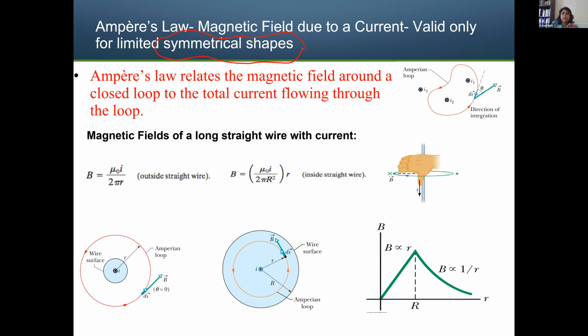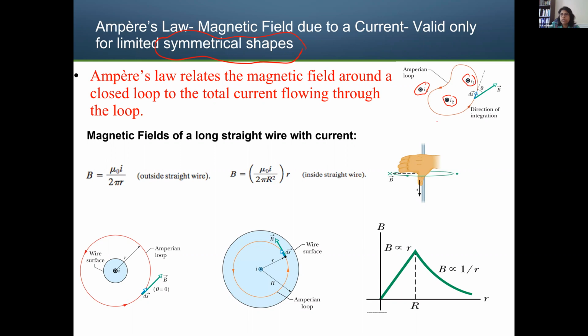So what Ampere's law says is that you can calculate the magnetic field by getting the total current and by choosing your closed loop. As an example, if I have current wires, you know that this one is going inside, this one is outside.